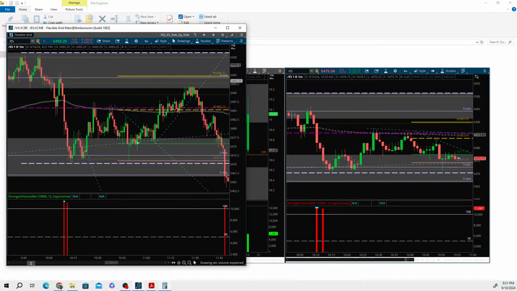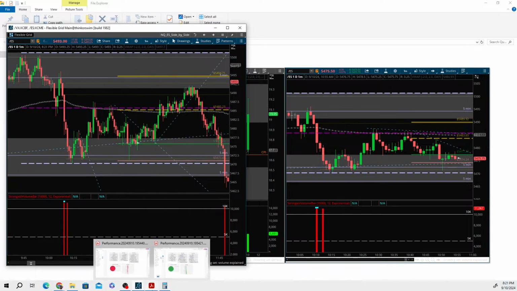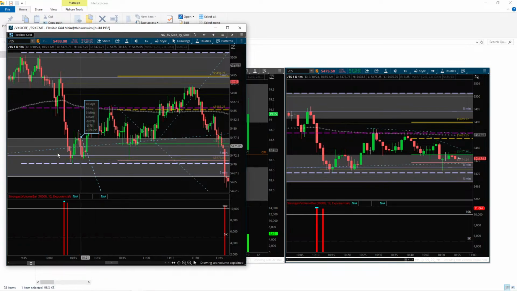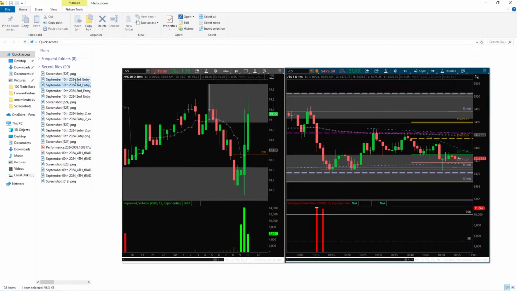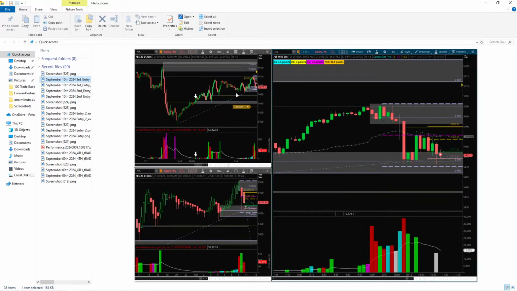But this area here was the entry point. How did it work out for the entry point? The entry point is because we had a 30-minute candle paused at that level, and then we had a green reversal buying at that level, and then we had the angle of this here, right?